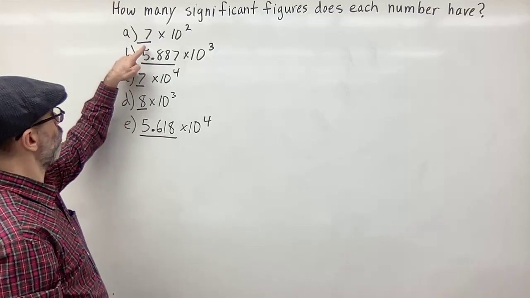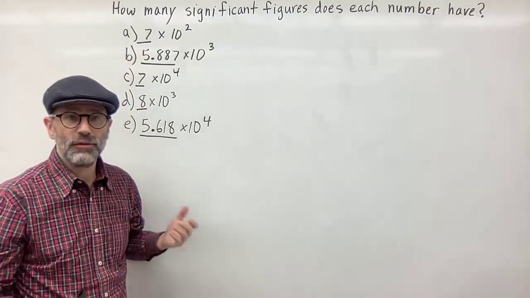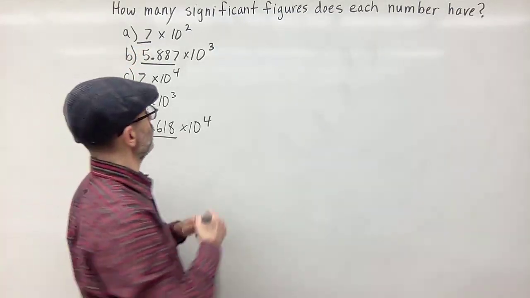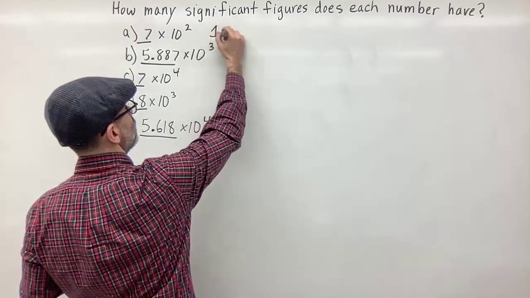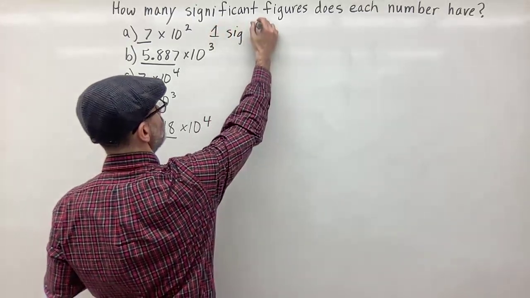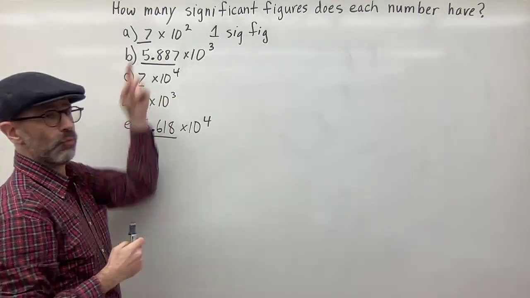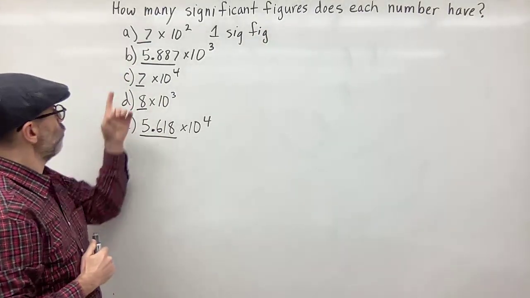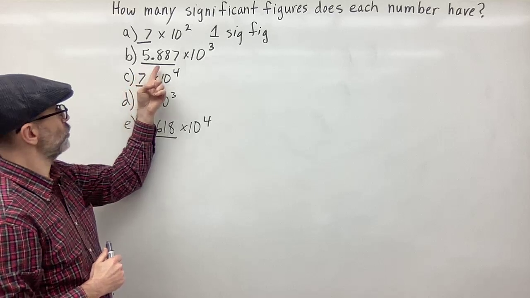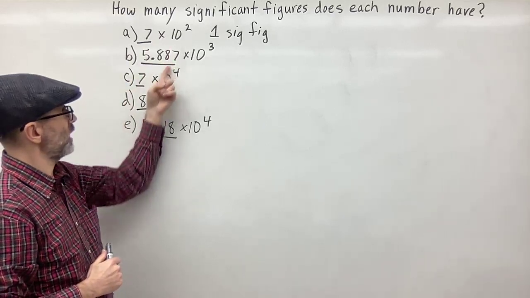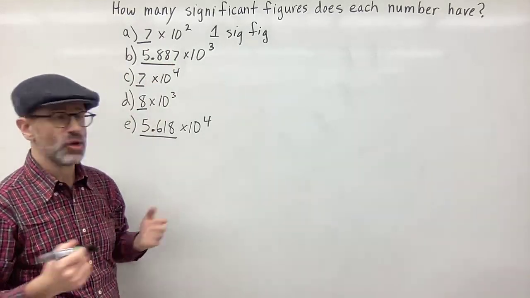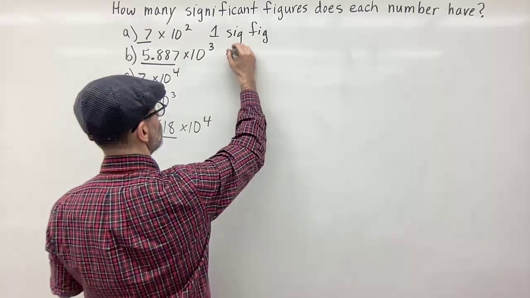Here we have only one digit, therefore we only have one significant figure. So this is one sig fig, because I only have one digit there. For B, I have 1, 2, 3, 4, so this has 4 sig figs.